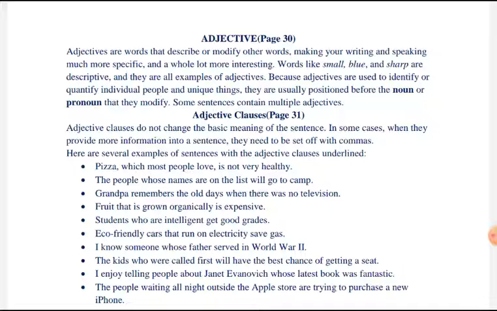Next comes adjective clauses in page number 31. Adjective clauses do not change the basic meaning of the sentence. In some cases, when they provide more information in a sentence, they need to be set off with commas.